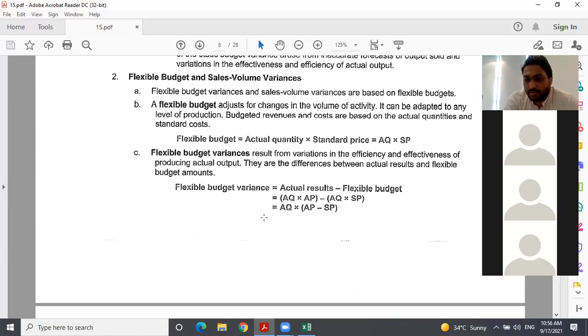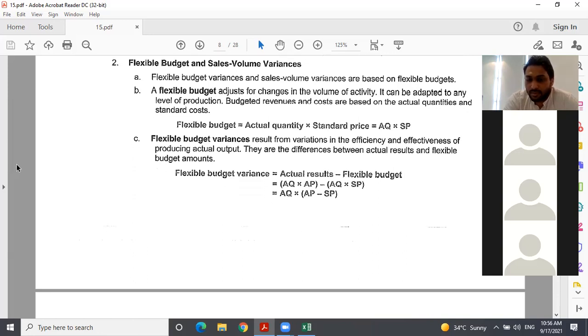Can you just explain once again why in the budget variance we take the actual price? If it is in terms of rupees, in terms of amount value, then we take the actual price and compare it with the standard price. And when it is in terms of quantity, we take the actual quantity and compare it with the standard quantity.